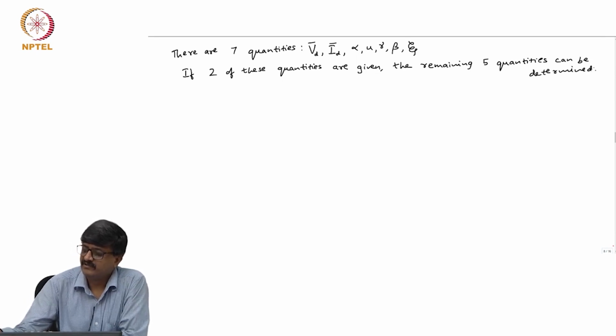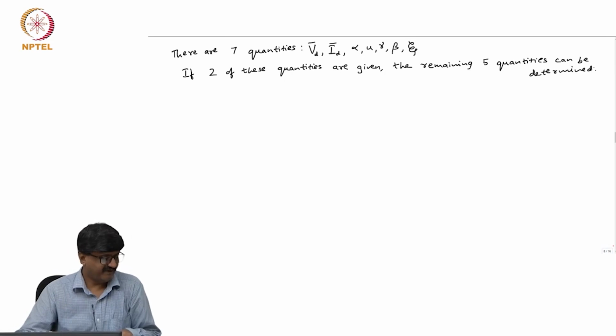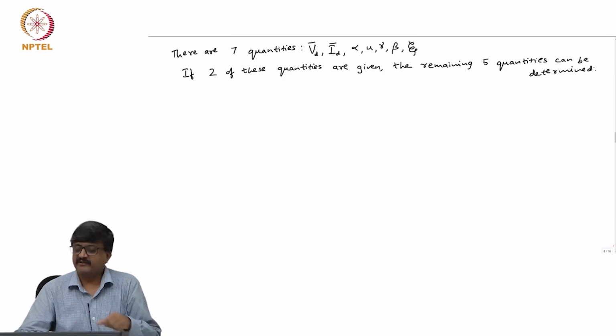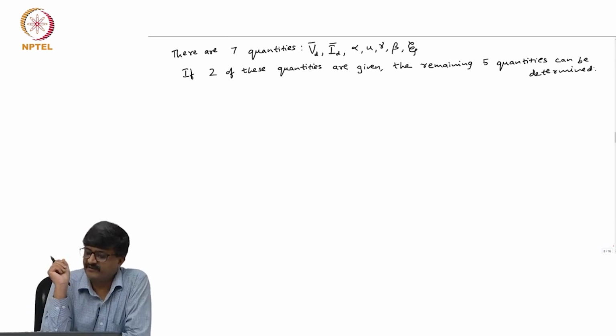We can use the different equations that we have derived to obtain the values of these 5 quantities from the given values of 2 quantities.